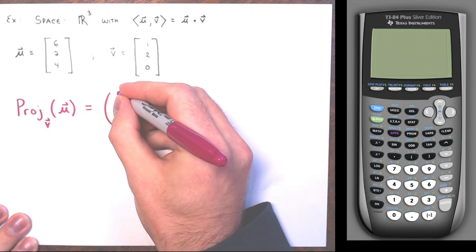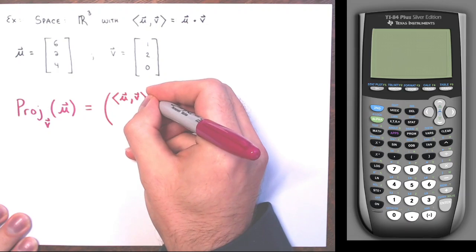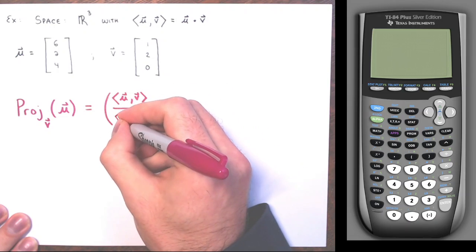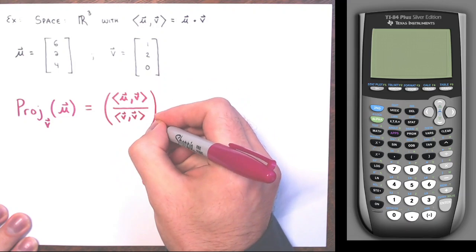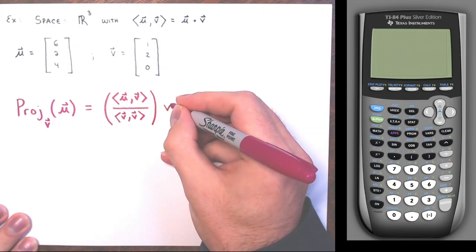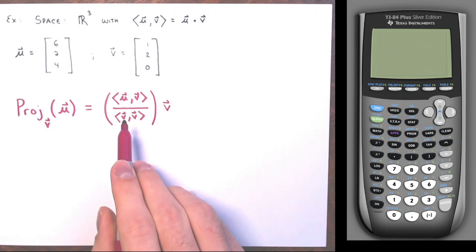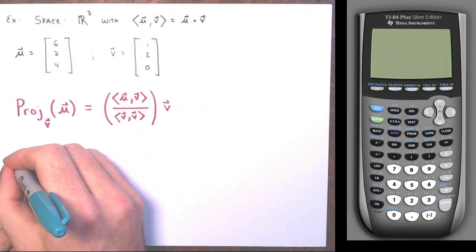So again, this was the inner product of u with v divided by the norm of v squared, or the inner product of v with v. That's the scalar, and then we're on the line that contains v. So our result is this scalar multiple of v. All right, so just like the last one, I'll do these inner products off to the side.